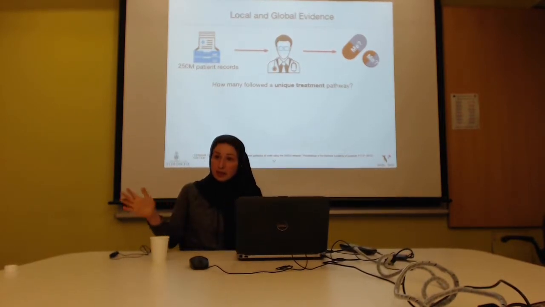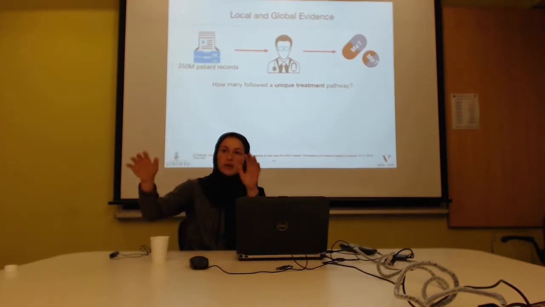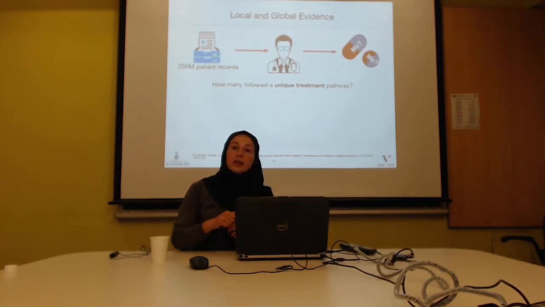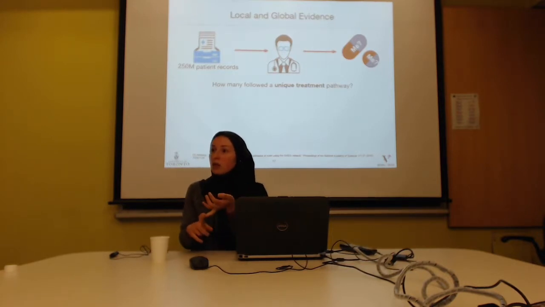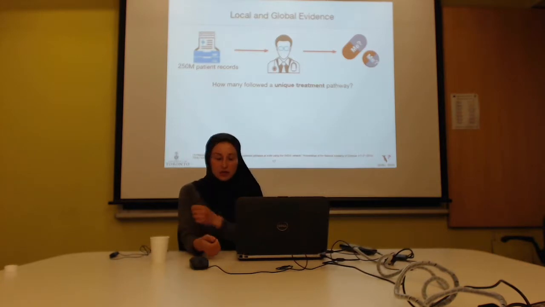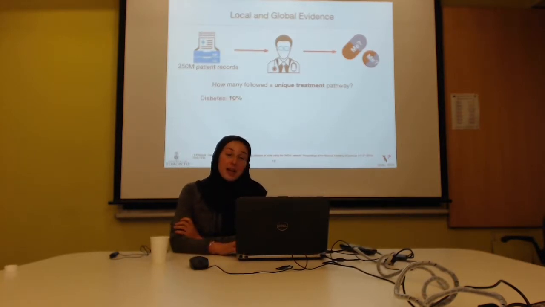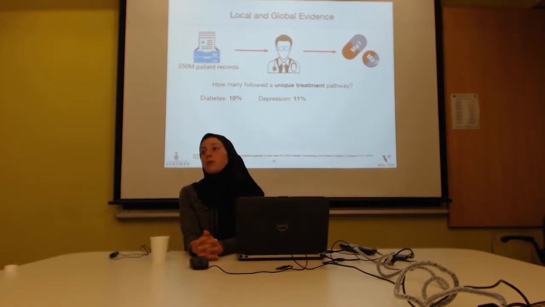For esoteric conditions you would say maybe, right? You have this weird cocktail of meds. But for common conditions like depression, diabetes, hypertension, you would think maybe 1% of all people have a unique medication trajectory. But for diabetes, it's 10%, for depression, it's 11%, and for hypertension, it's 24%.